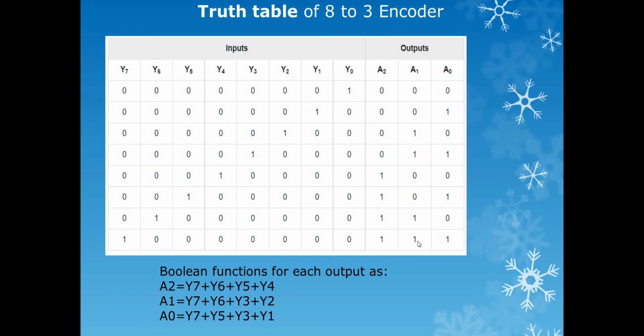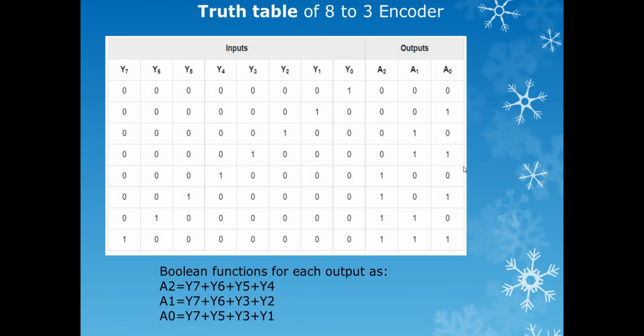Like that, the A1 output will be 1 in the following places, so we have to take the corresponding input lines: Y7 plus Y6 plus Y3 plus Y2. So A1 equals Y7 plus Y6 plus Y3 plus Y2.